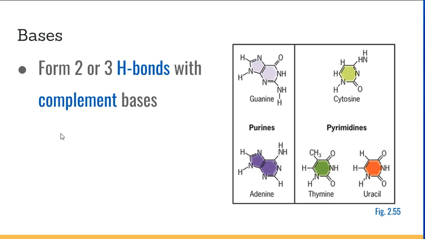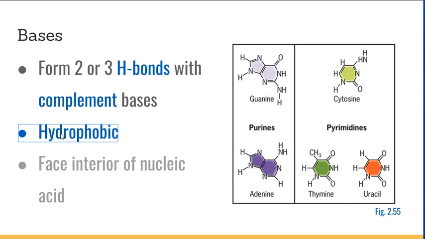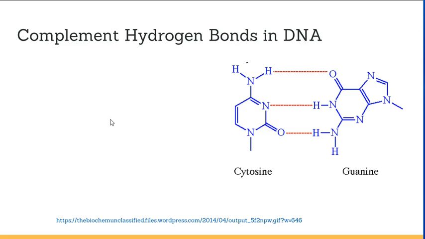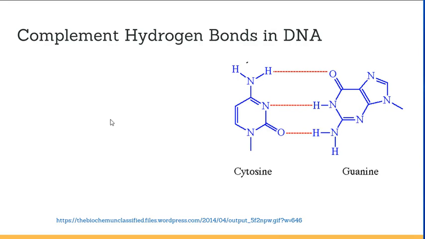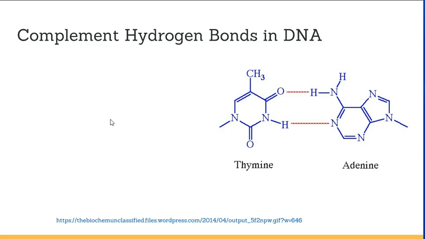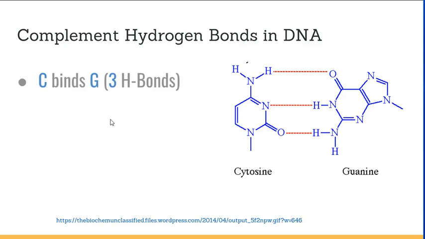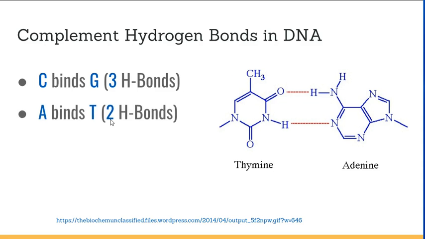They are hydrophobic and are located facing the interior of a nucleic acid. During complement DNA to DNA base pairing, cytosine binds with guanine with 3 hydrogen bonds, and adenine binds thymine with 2 hydrogen bonds.